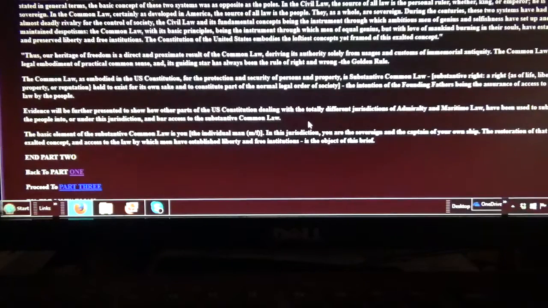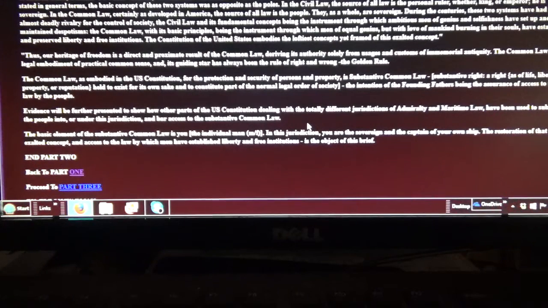The Constitution of the United States embodies the loftiest concepts yet framed of this exalted concept. Thus, our heritage of freedom is a direct and proximate result of the common law, deriving its authority solely from the usages and customs of immemorial antiquity.